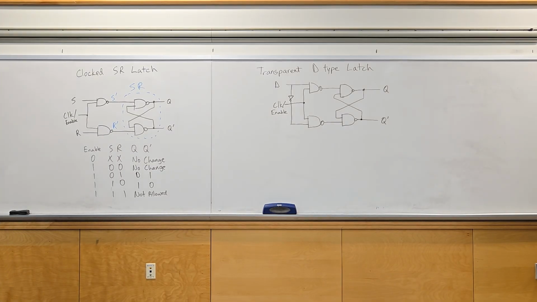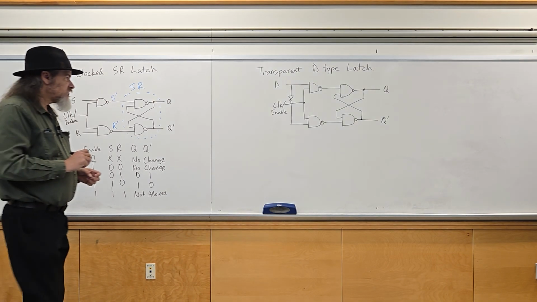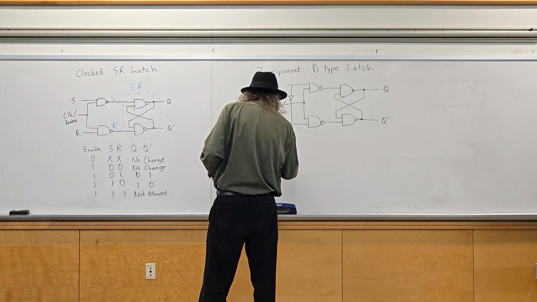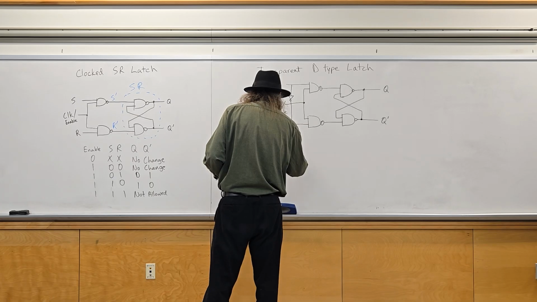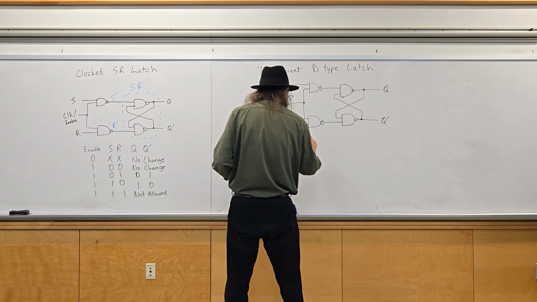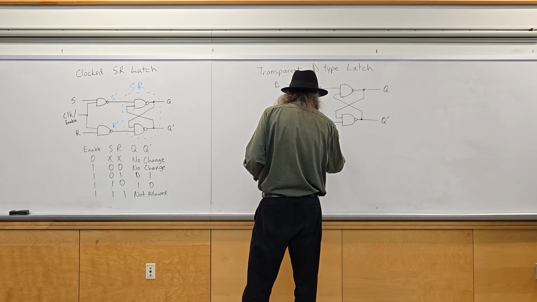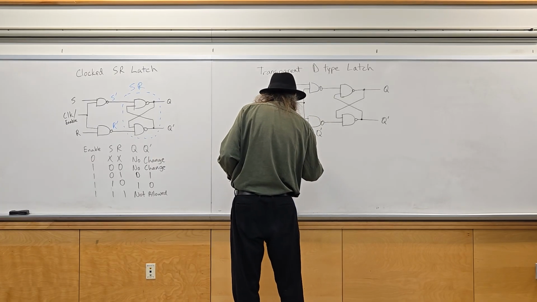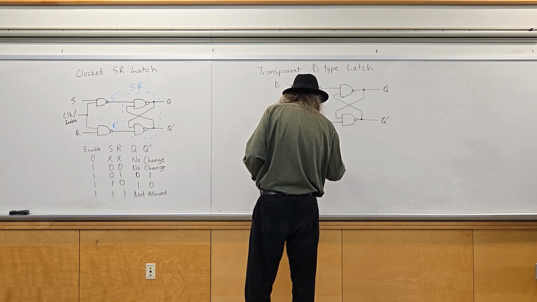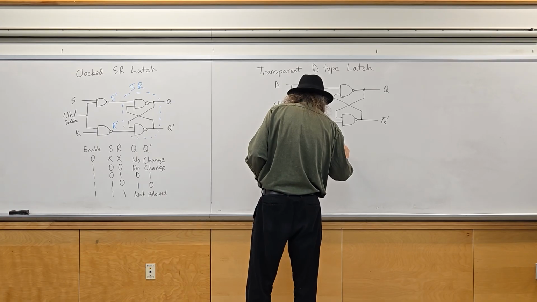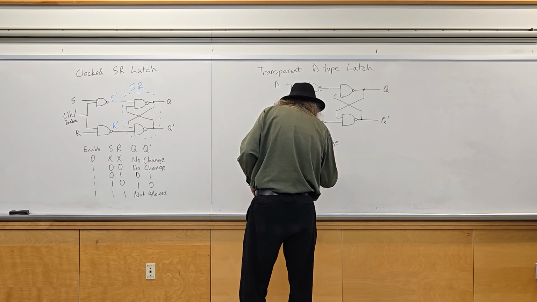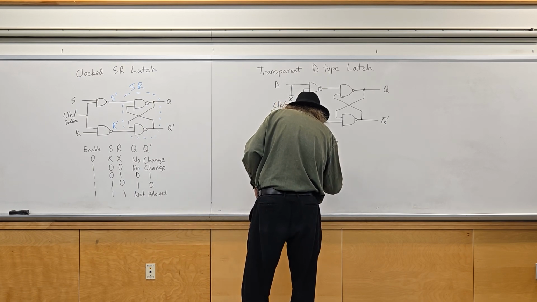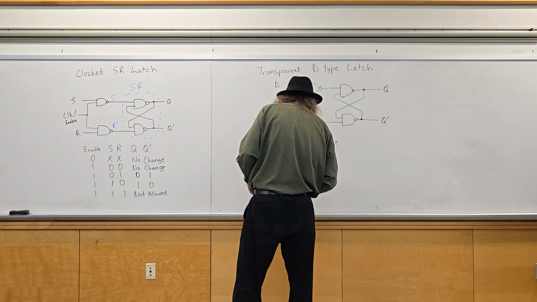So you can see that enable is 0, doesn't matter, no change. 1, 1, 0, 1: Q is 0, Q prime is 1; Q is 1, Q prime is 0.